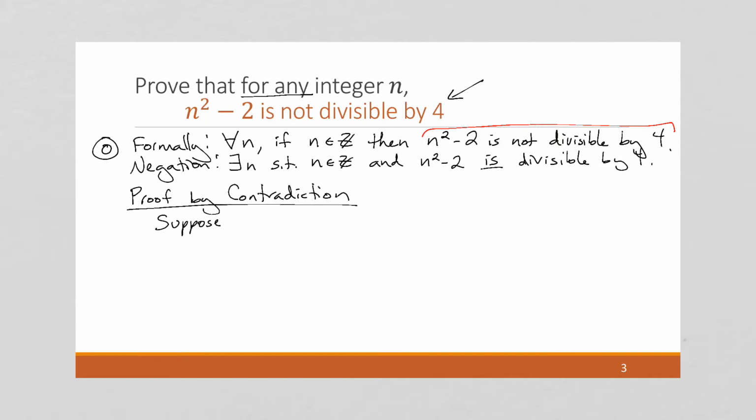So I always say suppose not, because remember, step 0 isn't really part of our proof. So we're given that we want to prove that, and I'm going to say, well, suppose that's not true. Suppose not. That is, suppose the negation.